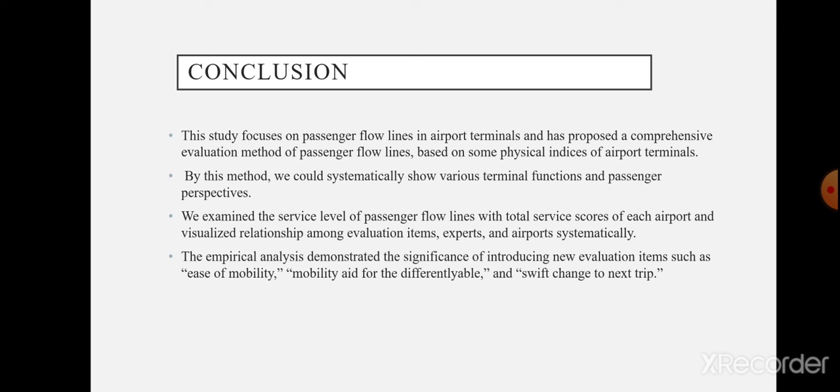We examined the service level of passenger flow lines with total service scores of each airport and visualized relationships among evaluation items, experts, and airports systematically. The empirical analysis demonstrated the significance of introducing new evaluation items such as ease of mobility aid for differentiable and shift change to next trip.